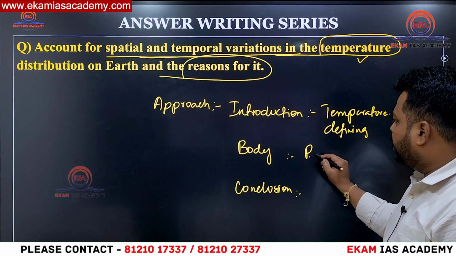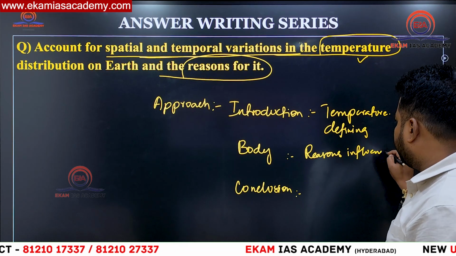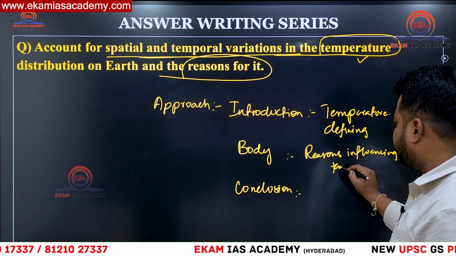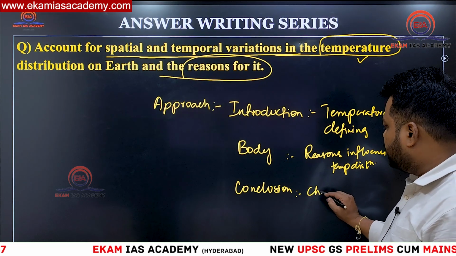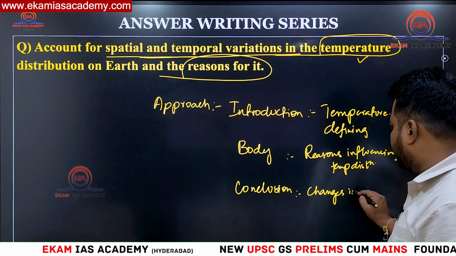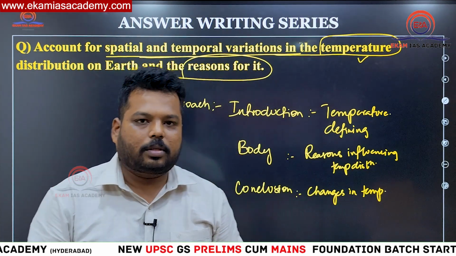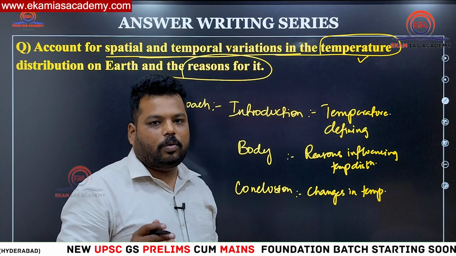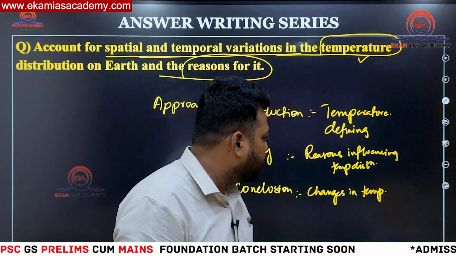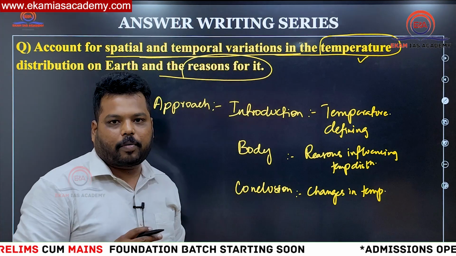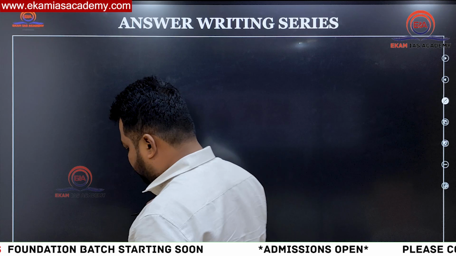In the body, reasons influencing temperature distribution, this we will write in the main body. In the conclusion, we will write about changes in temperature, either due to anthropogenic causes or due to natural causes: how temperatures on the earth's surface are changing with the season and with anthropogenic activities. So this is how the approach of our answer shall be. Clear? Let's move to writing the answer.